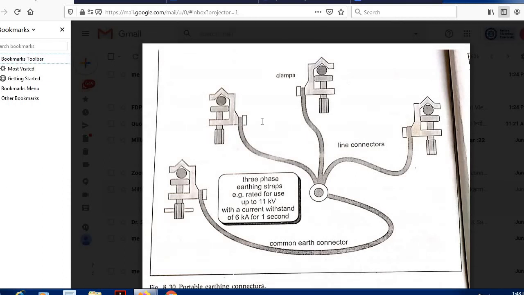So 3 phases, 3 straps, but you cannot just put it like this. It is connected to a long insulated handle. You have to hold it, and from the far end of the long insulated handle, this part is connected. So with that you have to connect the 3 phases. Now it is connected. Why are we using a long insulated handle? Because we do not want to come close to that circuit even if we have ensured that the circuit is dead.